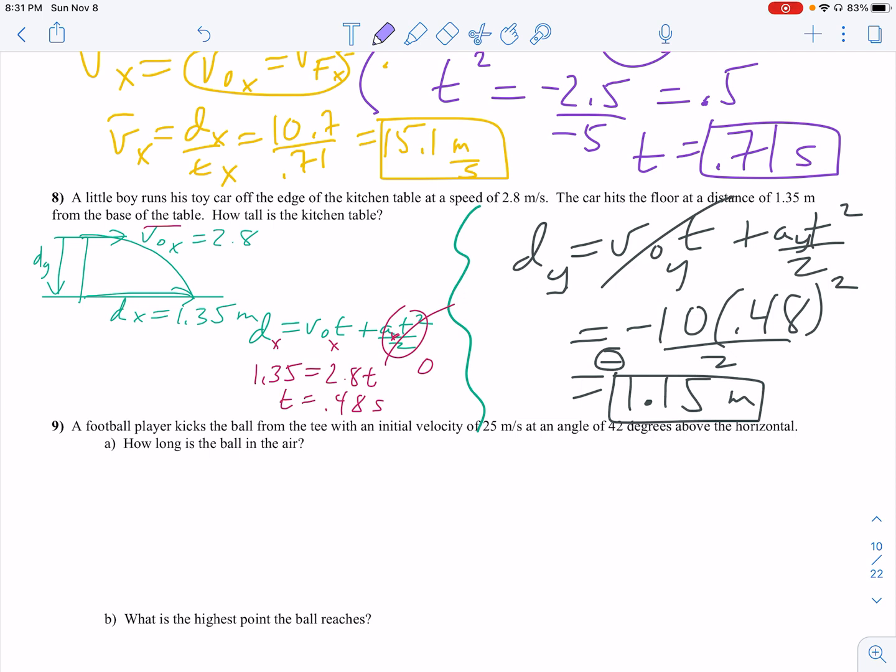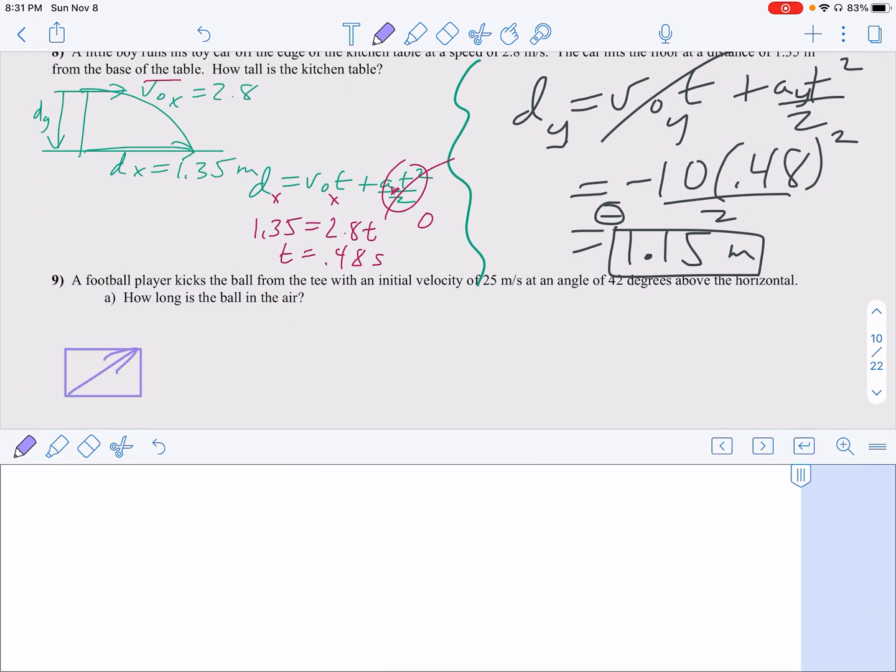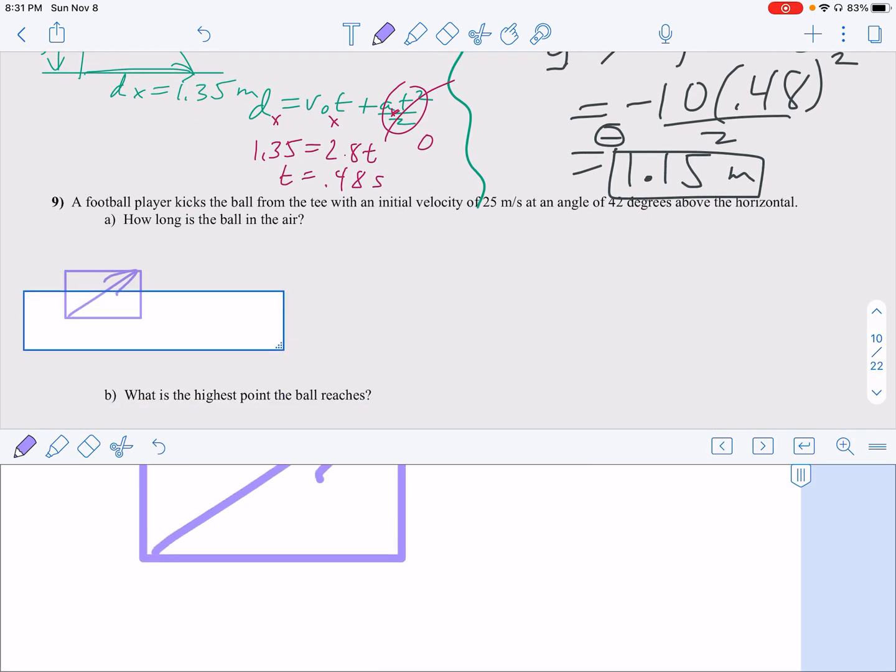A football player kicks from the tee with an initial velocity of 25 meters per second. Okay, so here we go. So we got an angle of 42 degrees, it says.